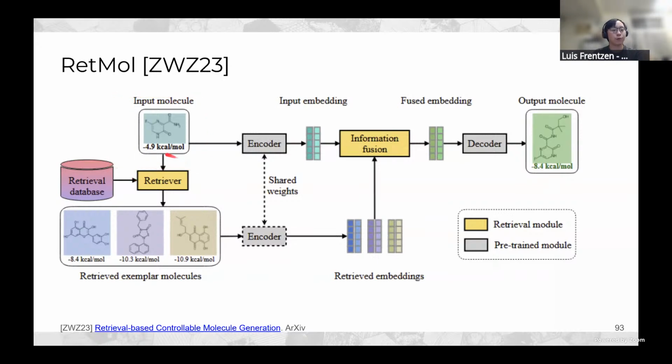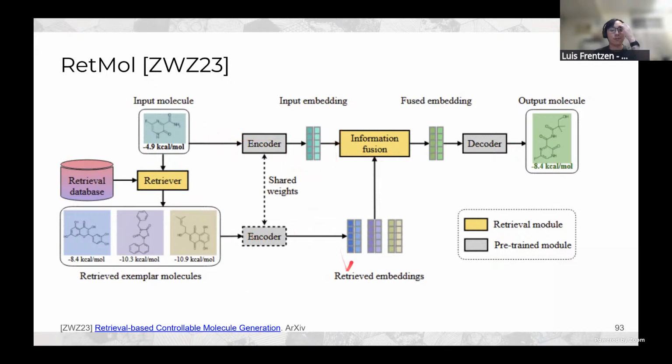Then you retrieve more exemplars and encode them separately, but the encoder is shared. Basically this encoder and decoder are specialized to accept these kinds of sequences, so you don't want to lose context by using any other types of encoders. They preserve the structure here by using a specialized encoder.